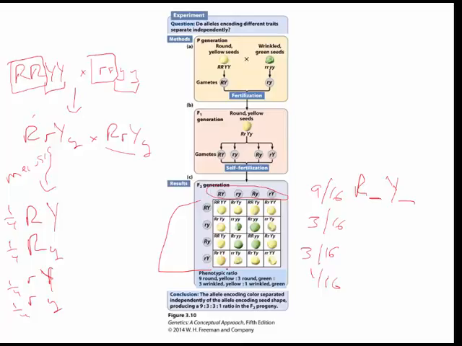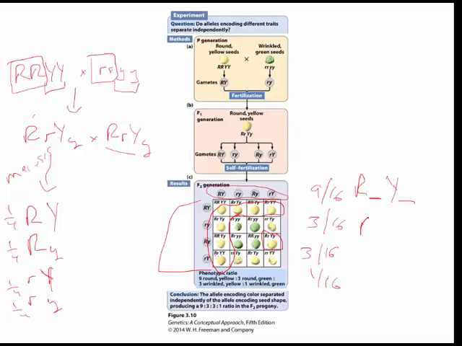So these 9 that are smooth and yellow all have that format. In other words, all these have at least one big R and one big Y. All those, then this little one over here by himself.